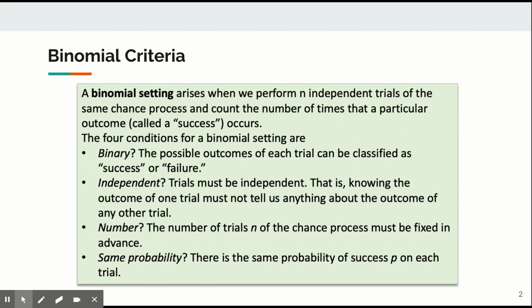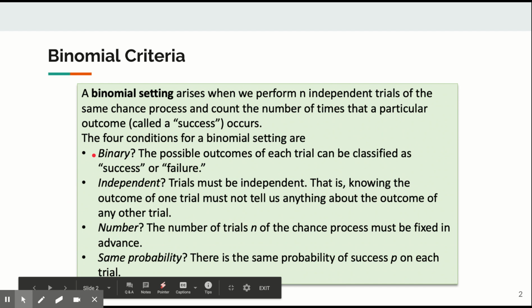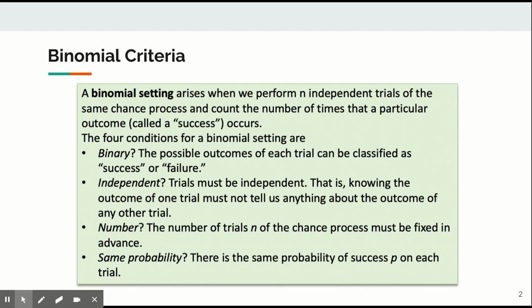We have these four conditions that need to be met for a random variable to be considered a binomial random variable or a binomial setting to occur. First, binary. There needs to be two possible outcomes, and usually we refer to those as success or failure. The trials have to be independent of each other.